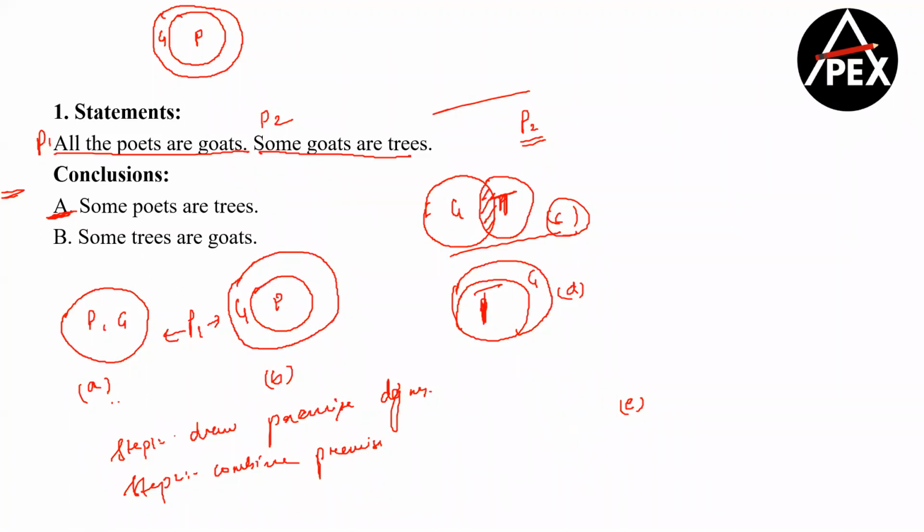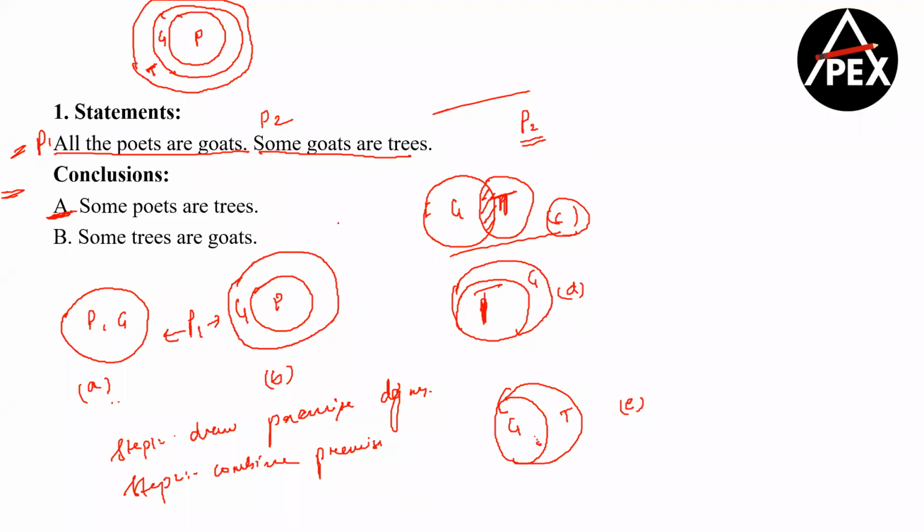Now, what was E diagram like? E diagram basically was having a G inside the T. Now look over here, where is G circle? It's over here, so G circle should be inside the T circle, like this diagram.